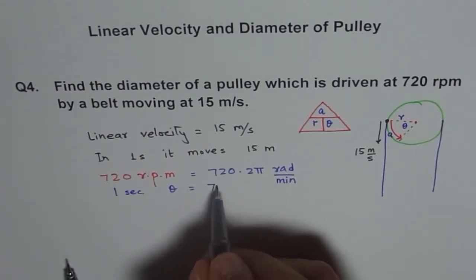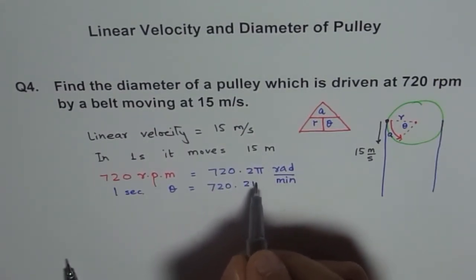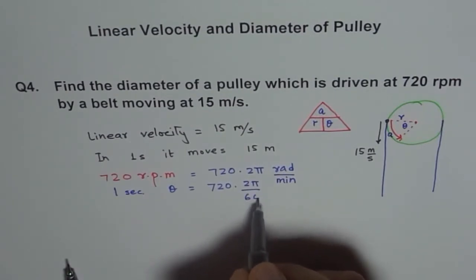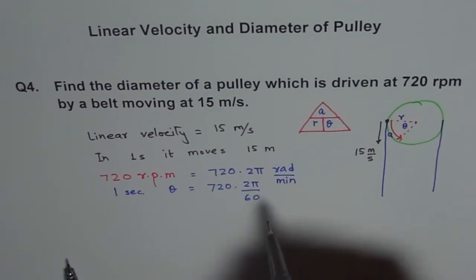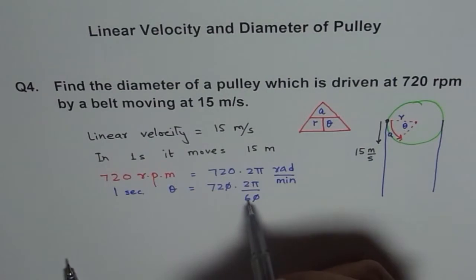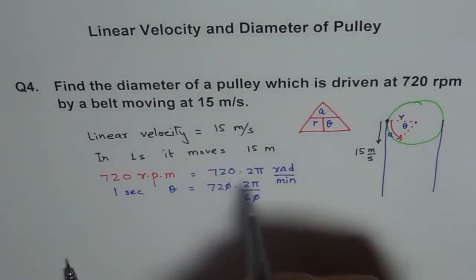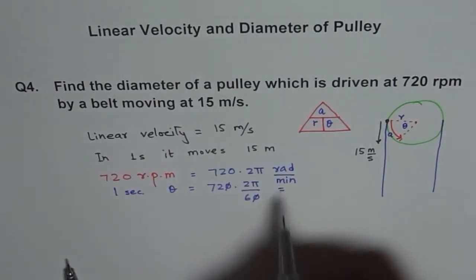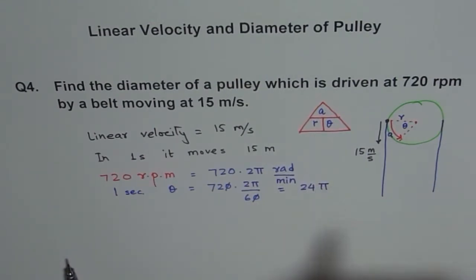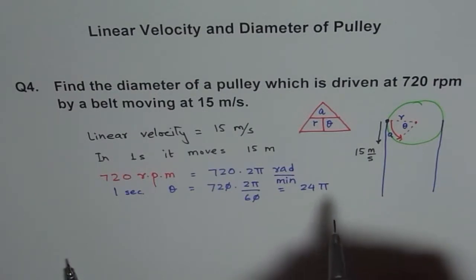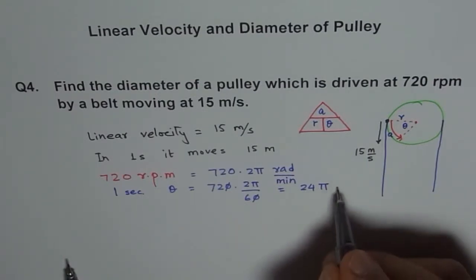So you get 720 times 2 pi divided by 60. That gives us the angle theta in 1 second. We can simplify this: 720 divided by 60 is 12, and 12 times 2 is 24. So we are left with 24 pi radians. Do you understand now? So 24 pi radians in 1 second. That is what theta is.